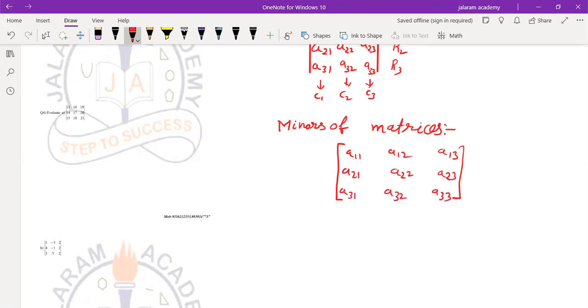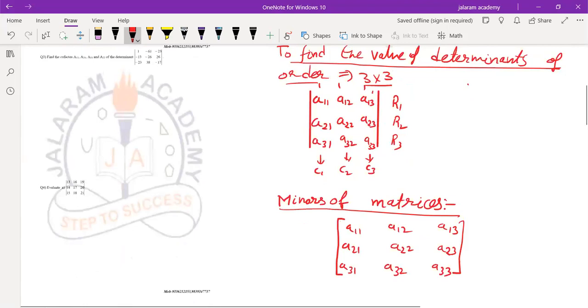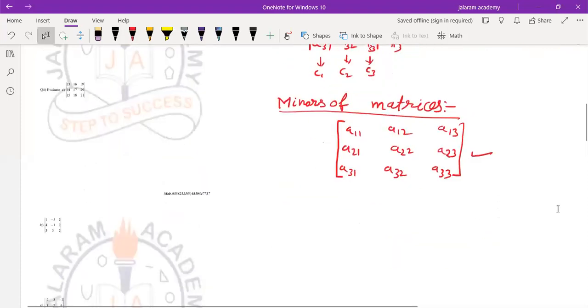So this is the matrix of order 3 cross 3, and this is the determinant of order 3 cross 3. We know that a matrix has no value, but it has minors. Its minors have value, same as the minors of determinants.